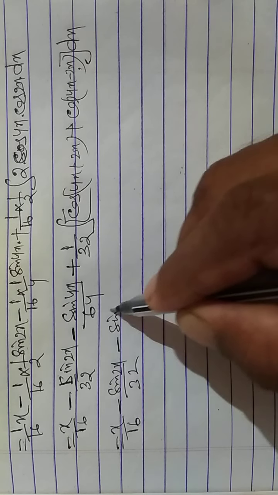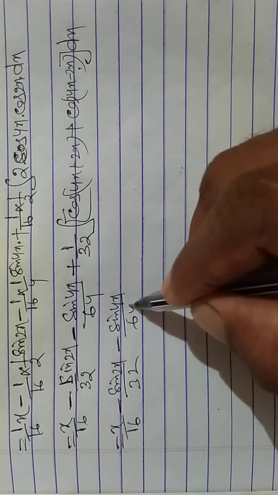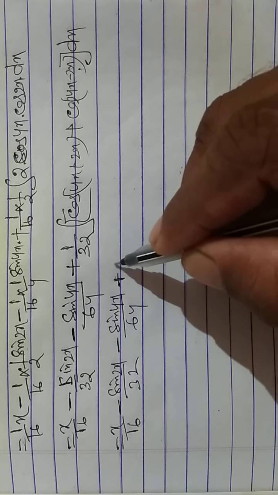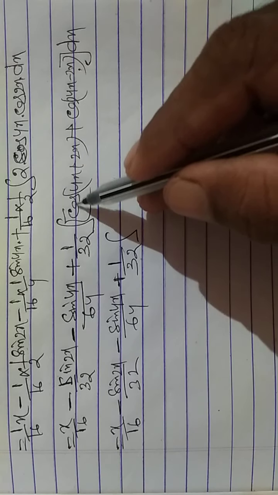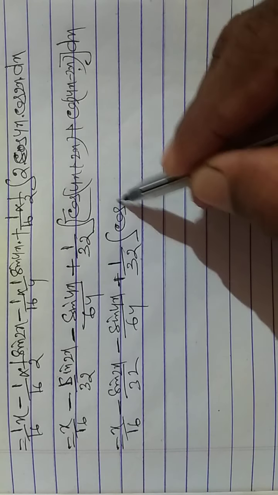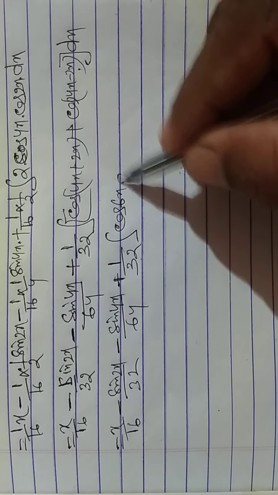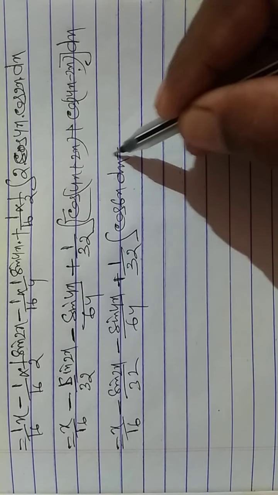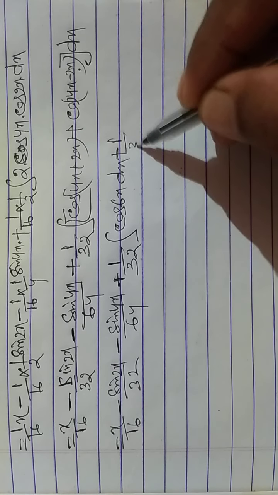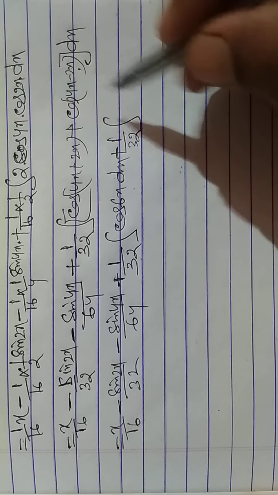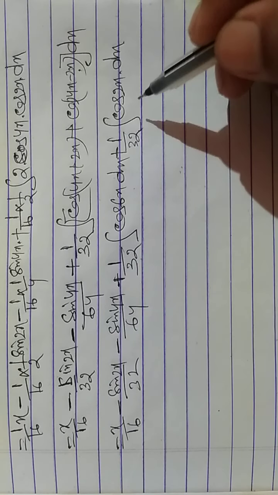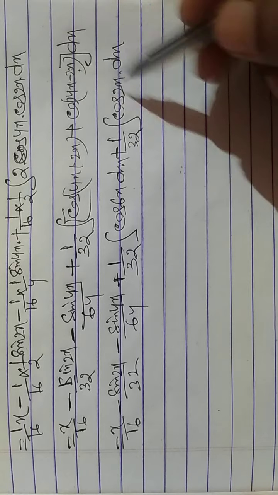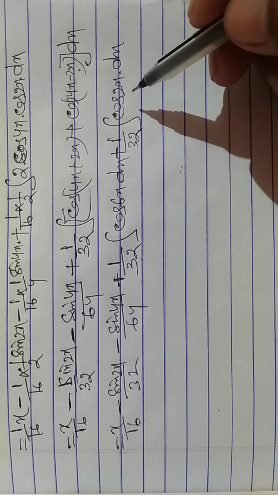This is equal to x/16 minus sin 2x/32 minus sin 4x/64 plus 1/32 integration, here cos 6x dx, plus 1/32 integration of cos 2x dx, that is 4x minus 2x, that is cos 2x.